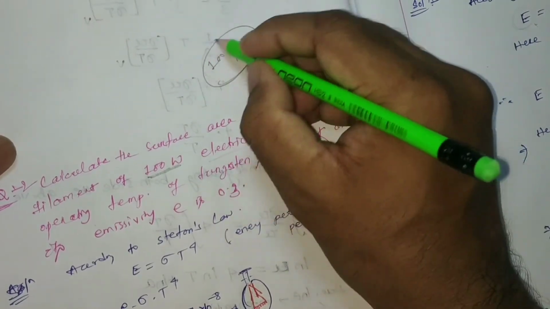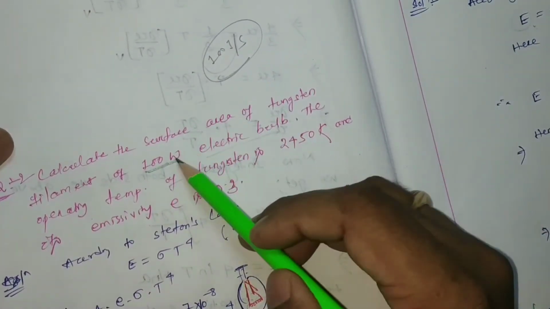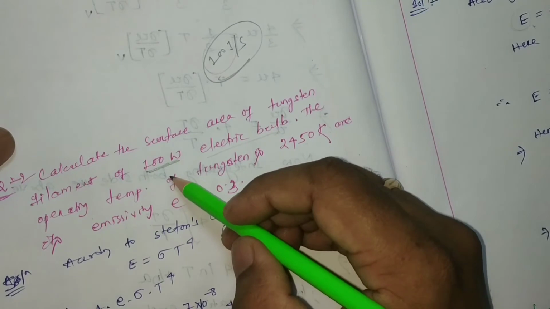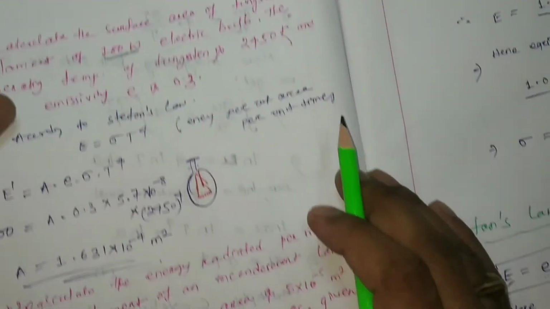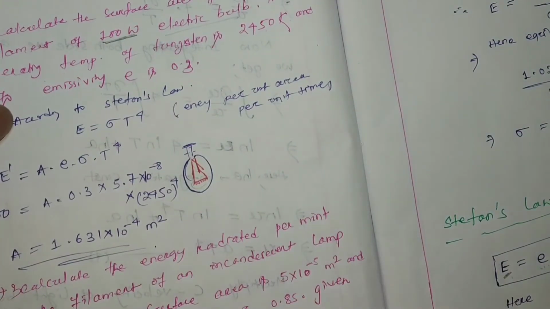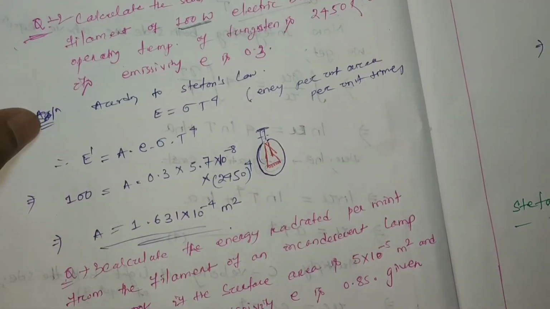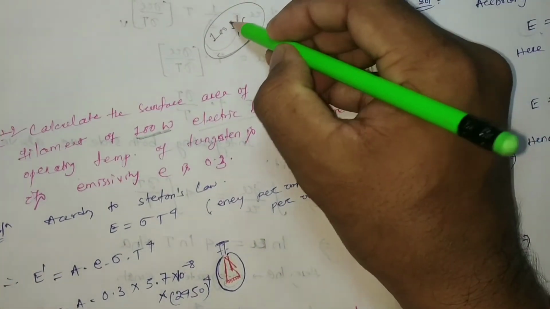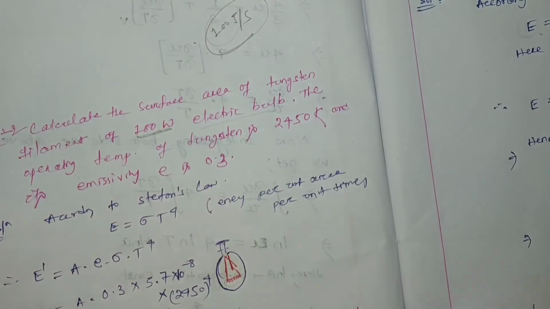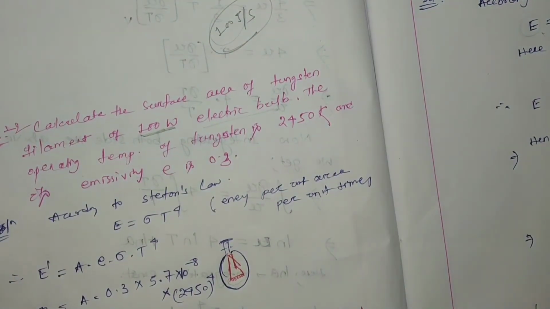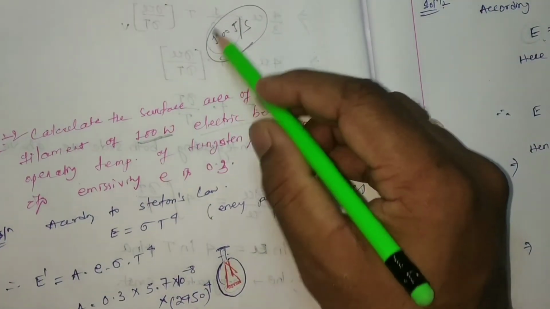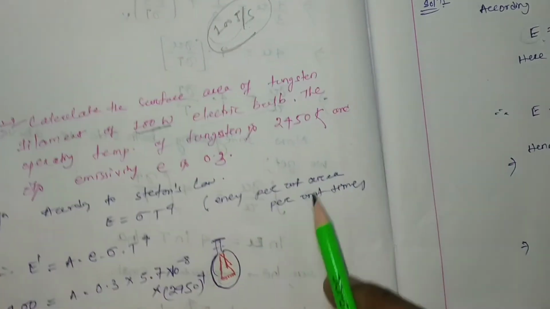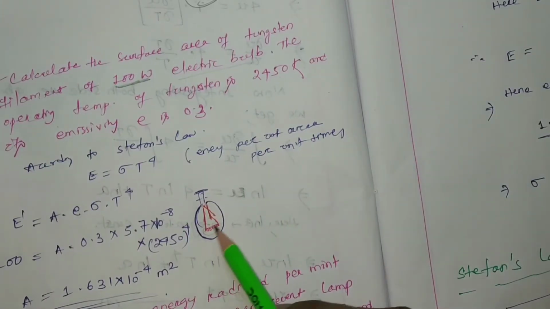This 100 joule per second is emitted by this filament, which is made up of tungsten.